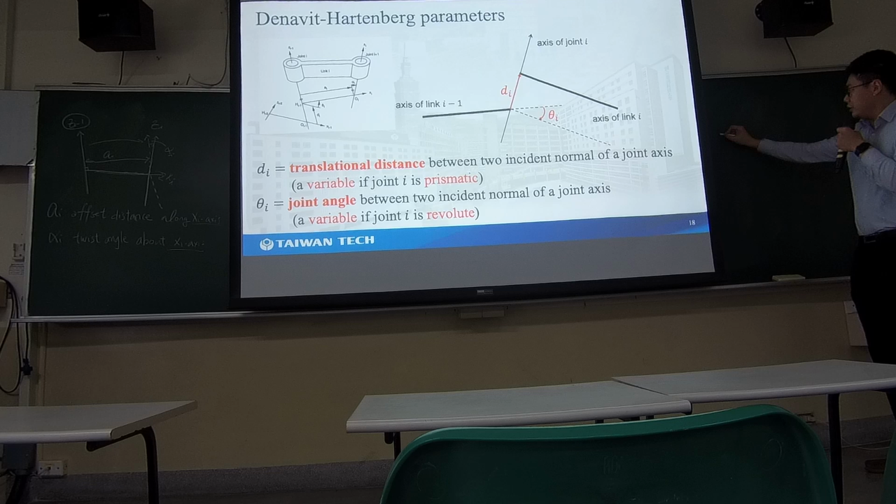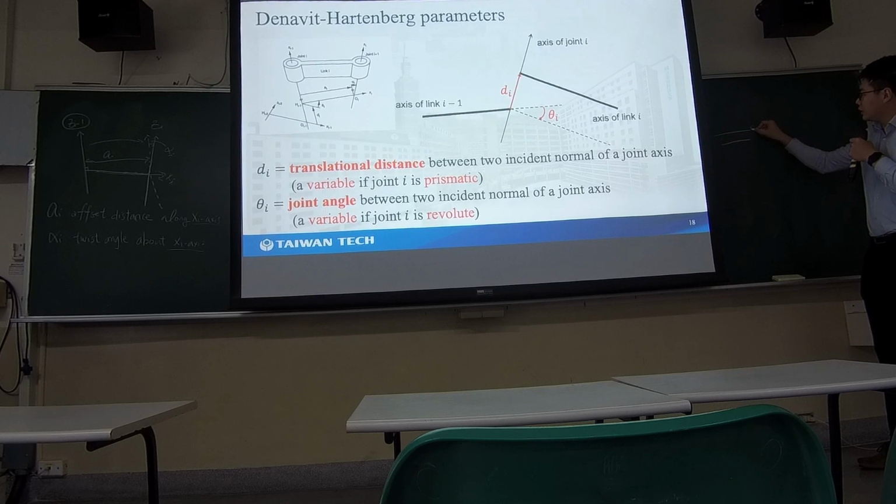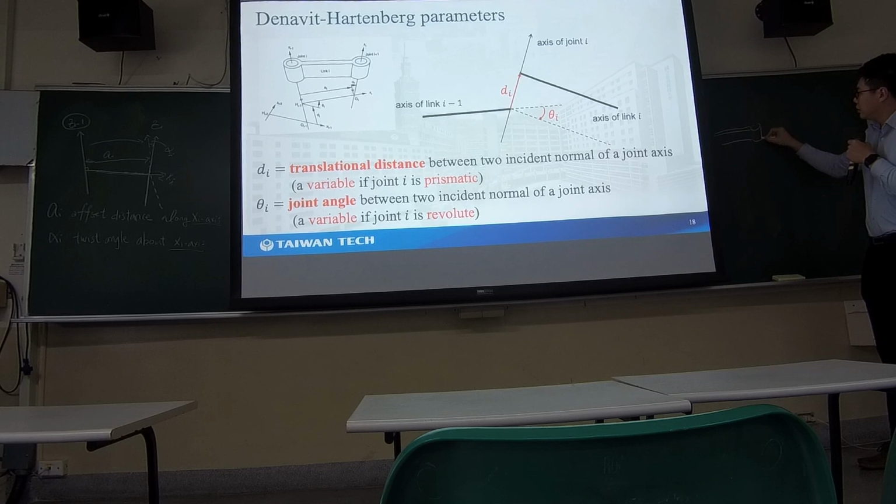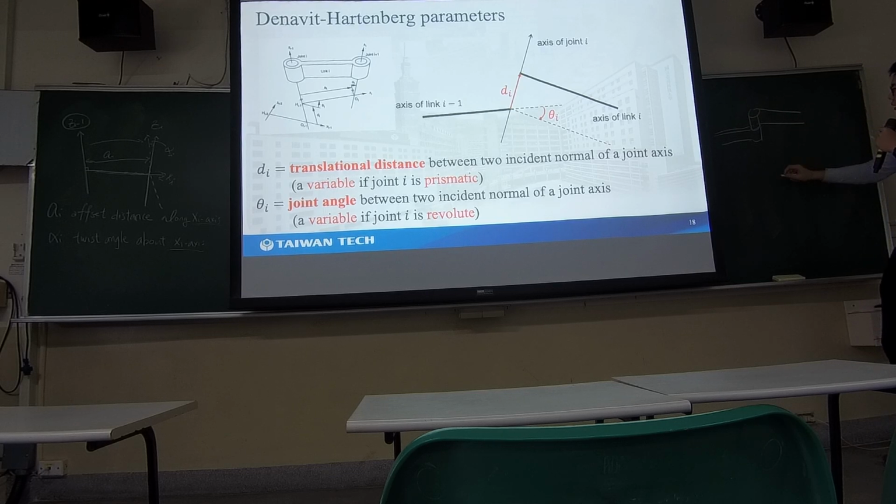If you can imagine that we have two links together, with a revolute joint, this is the joint axis.